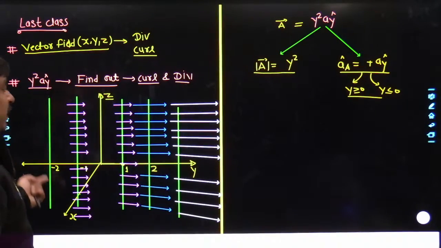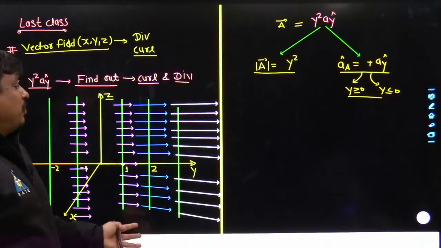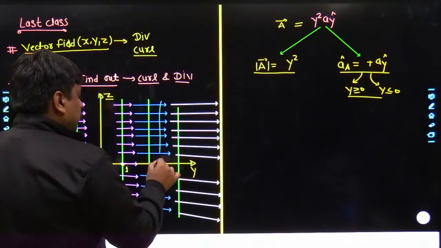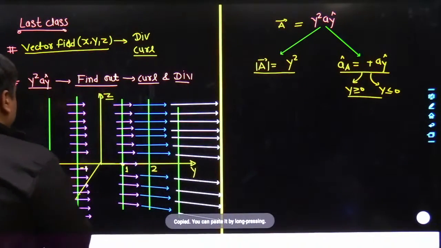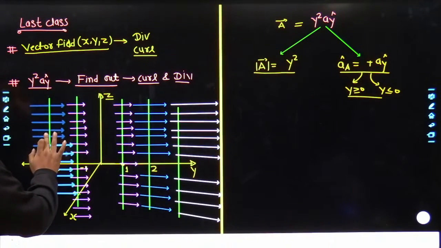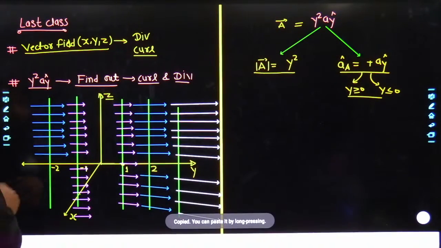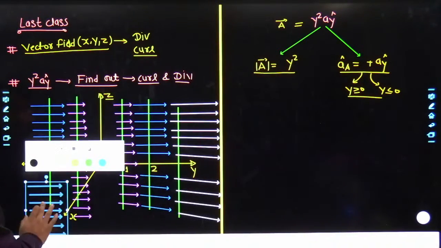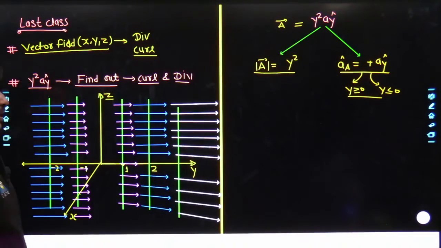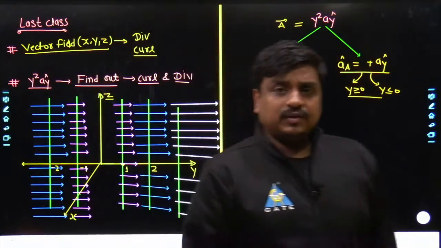And similarly at -2, definitely the length would be +4 and the direction would be in the direction of positive ay cap. So let me copy this out. Till this point, at least, each and everything must be clear to all of us.